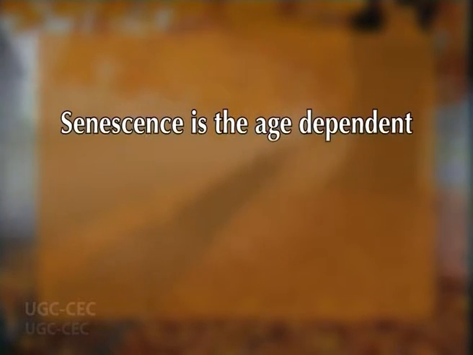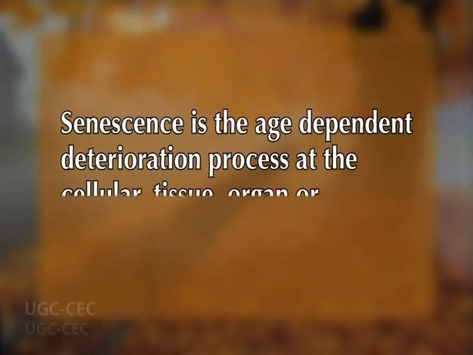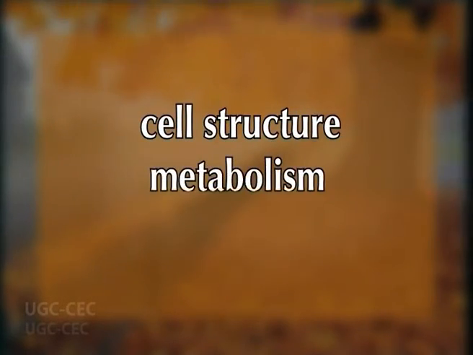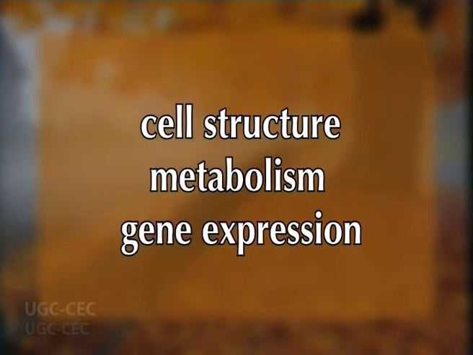Senescence is the age-dependent deterioration process at the cellular, tissue, organ, or organism level, leading to death or end of lifespan. Leaf senescence is not a passive and unregulated degenerative process. During senescence, leaf cells undergo rather orderly changes in cell structure, metabolism, and gene expression.